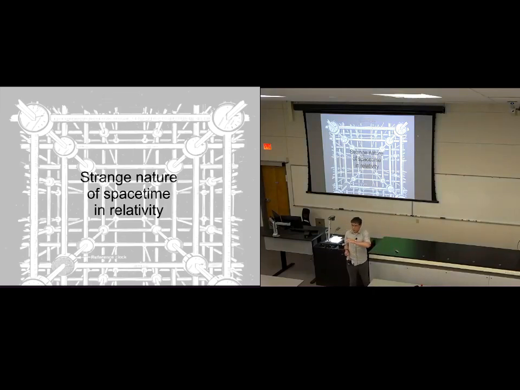So we talked about the basis of relativity. Now I want to start to introduce the strange nature of space and time that is based on these foundations. As I say, the foundation that the speed of light is constant and that the laws of physics are constant.